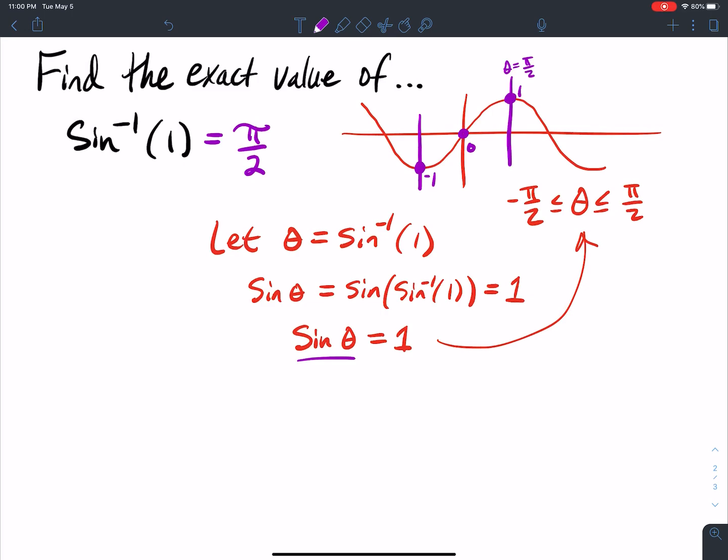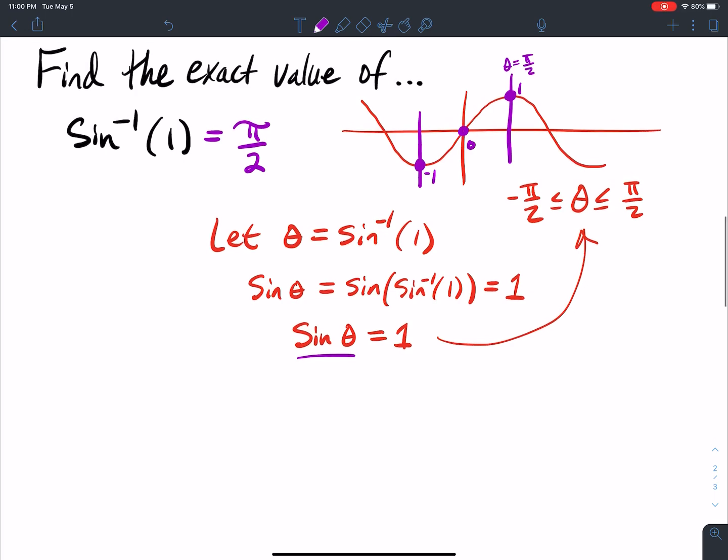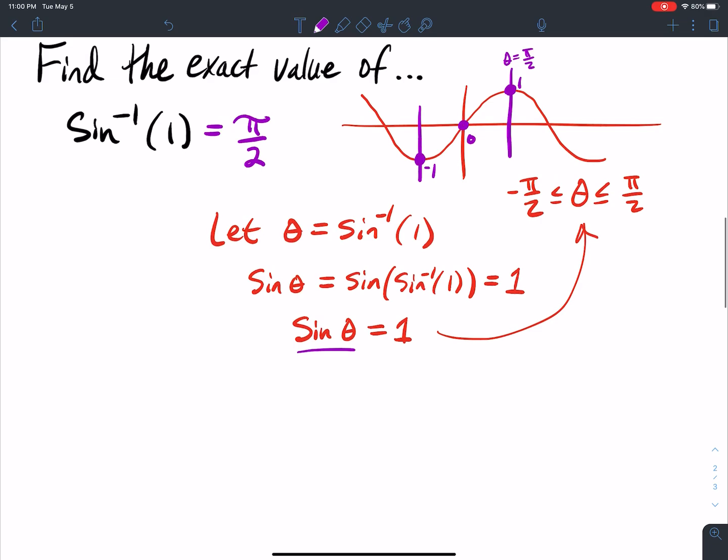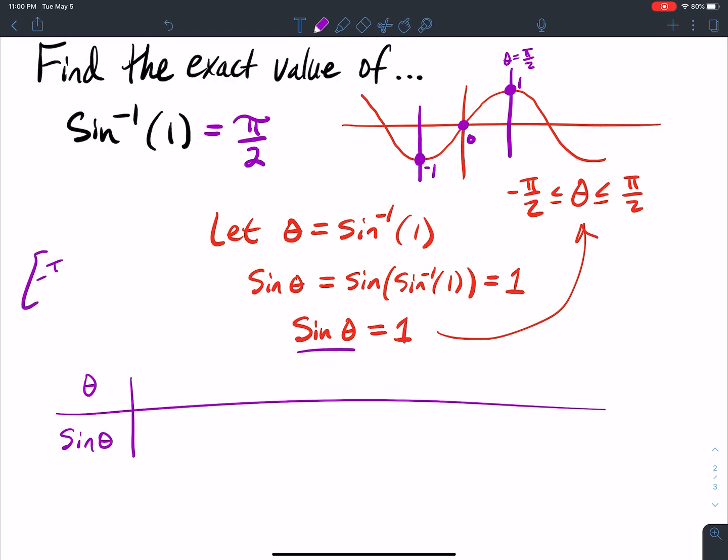So maybe we need a little table to help us remember. All right, so if you have your theta values, and then sine theta here. So what are some critical values? Well, I'm doing everything between negative pi over 2 to pi over 2, right? So let's start with negative pi over 2.